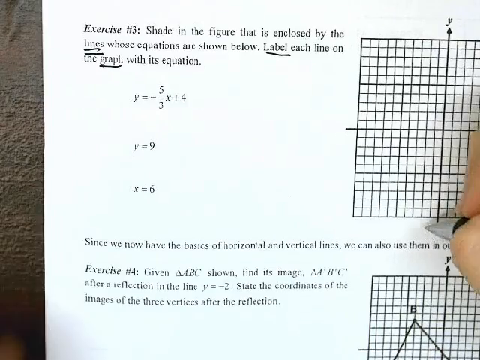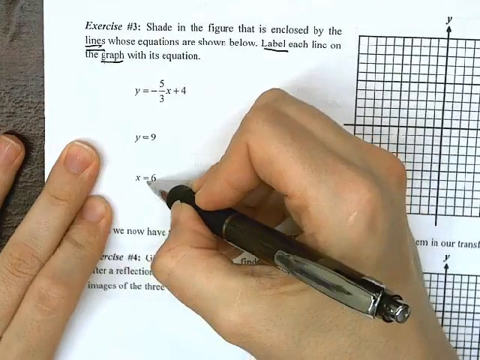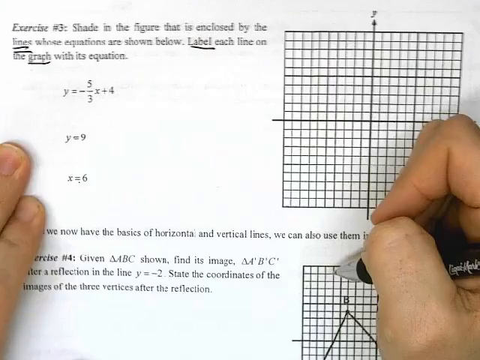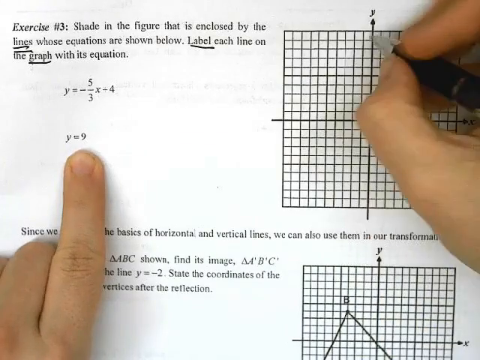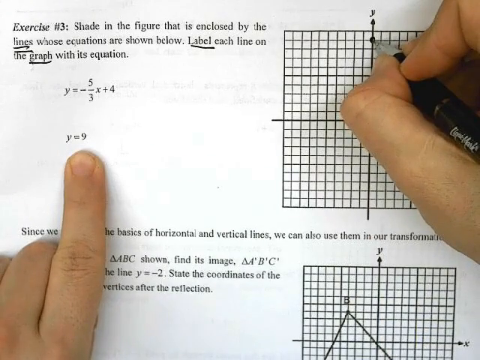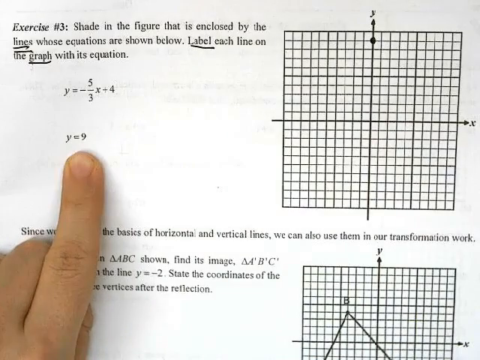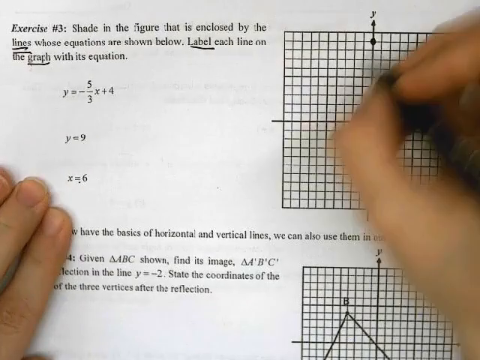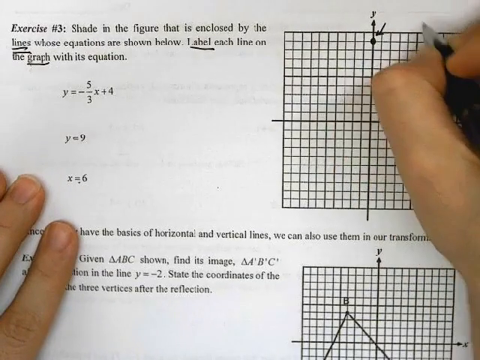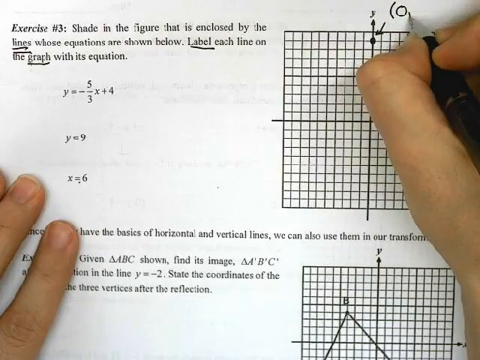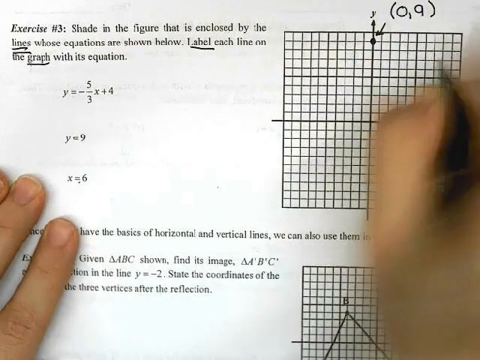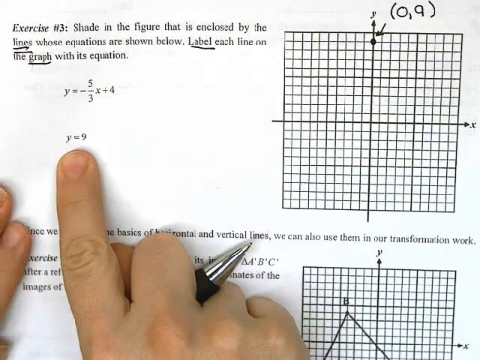So I'm going to do the two that we have recently been studying. The common misconception that kids have is that if they graph y equals 9, they think that's their answer, which is somewhat part of your answer, but not fully. If I wanted you to graph just this point alone, I would ask you to graph the point (0, 9), not give you y equals 9.